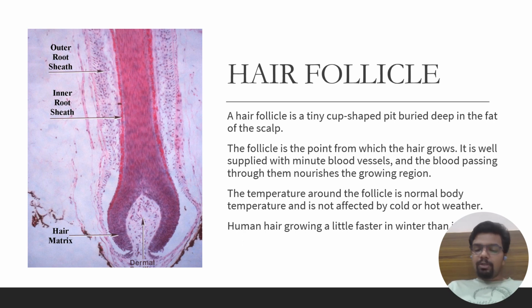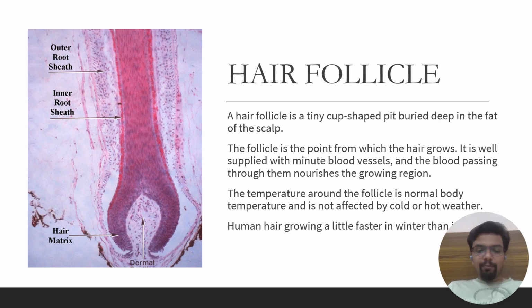So now we will talk about the hair follicle. It's basically a tiny cup-shaped structure which is buried deep in the fat of the skull. So the follicle is the point from which the hair grows.